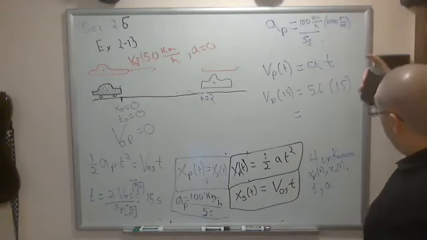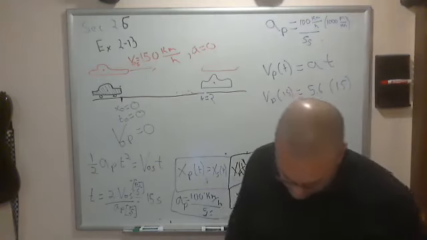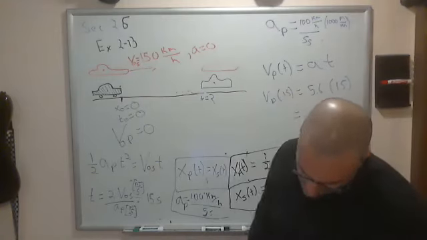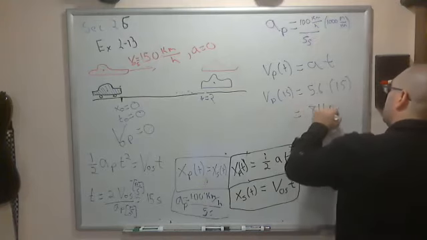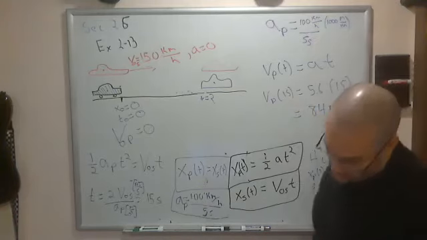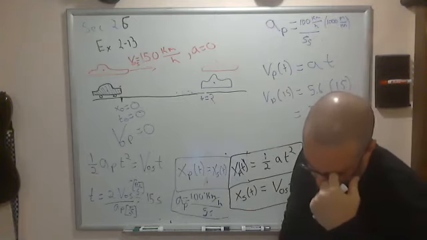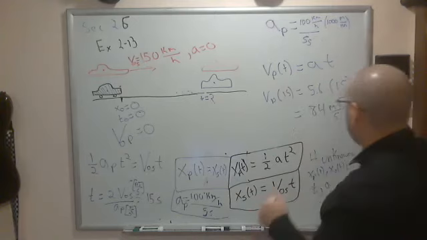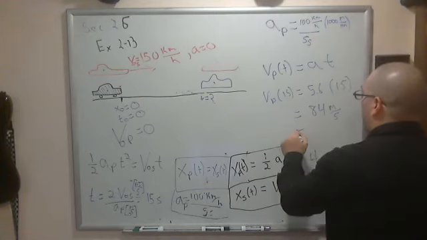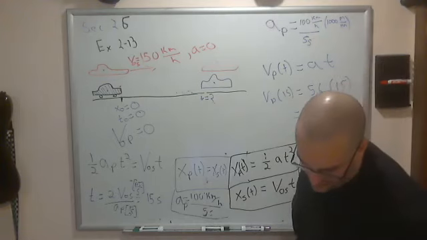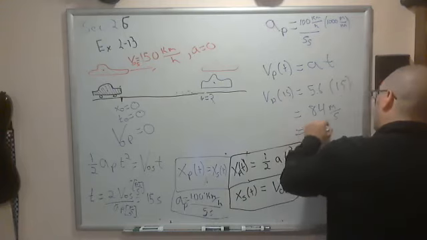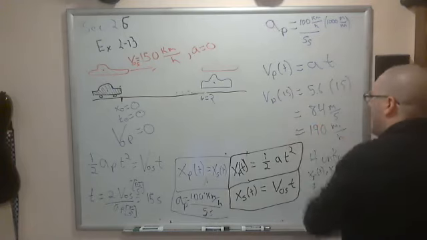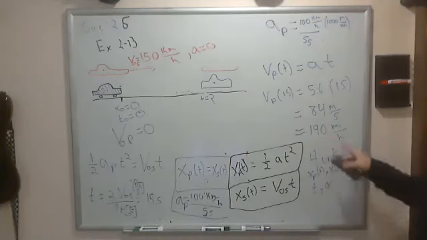So that it's going about 84 meters per second. It's pretty fast, actually. And so in miles per hour, when we convert it, it is about 190 miles per hour.